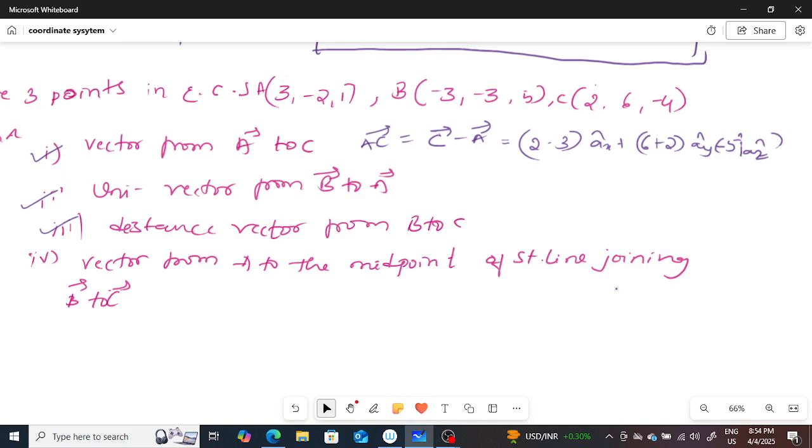Then comes the BA vector, clearly mentioned: vector A minus vector B. Okay, vector A, 3 plus 3, that is 6 ax, plus 2 plus 3, that is 5 ay, 1 minus 5, so minus 4 az.